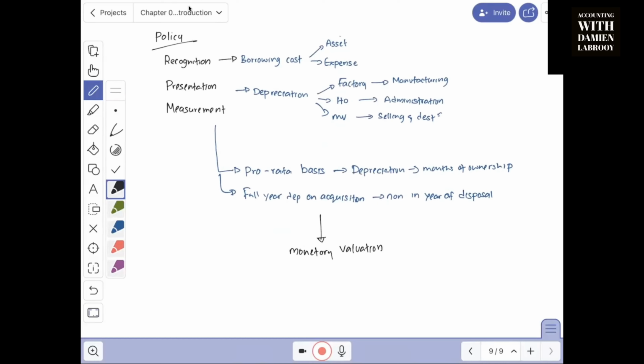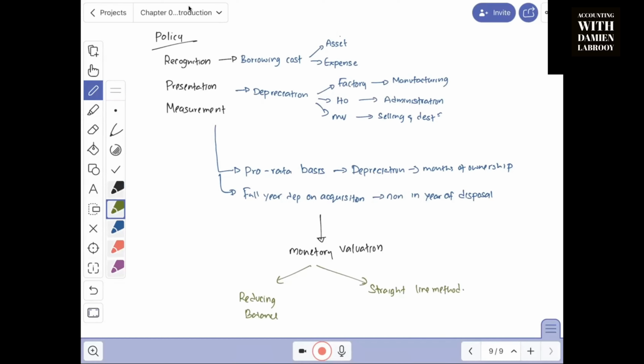To value your depreciation, we can either use the reducing balance method or the straight line method. So these methods are different estimation techniques.